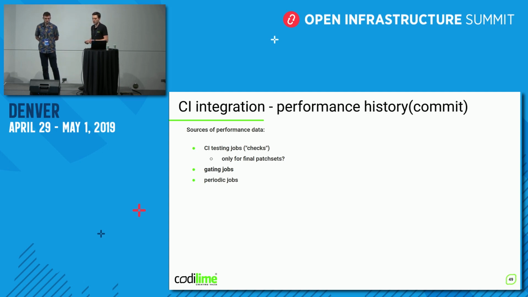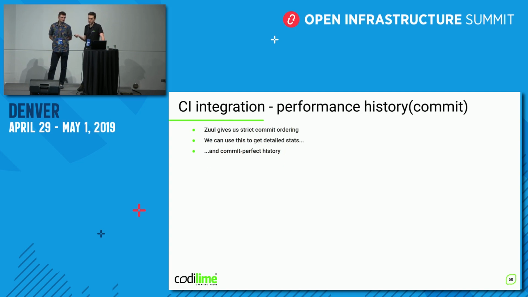So we have exact results for every commit going to our repo, and as a side effect we get a strict ordering of commits among different projects.